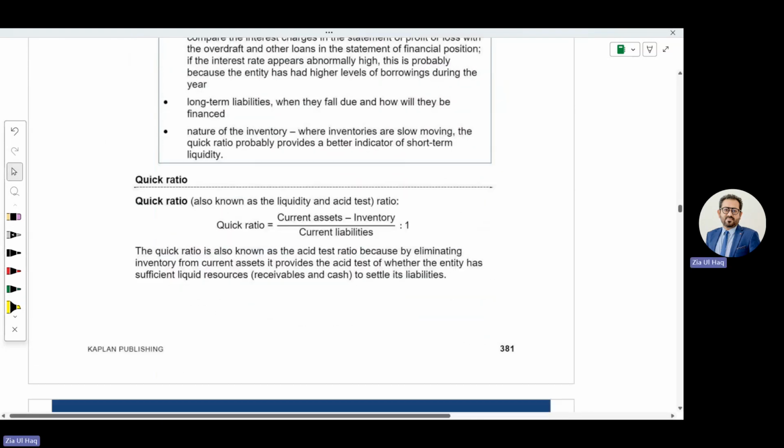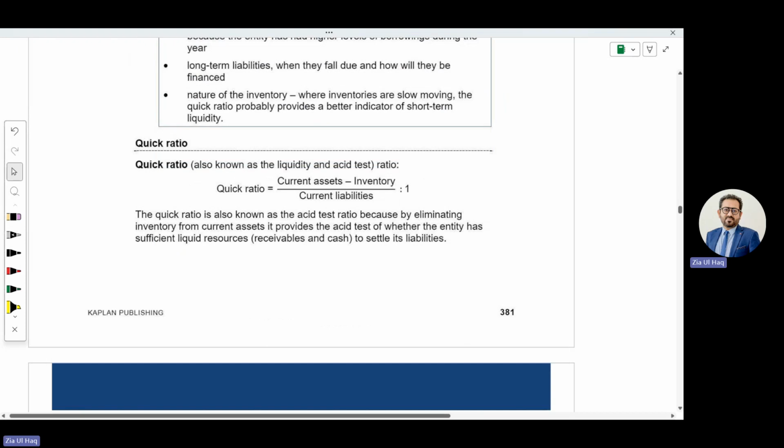What is the other liquidity ratio? Quick ratio, also called acid test ratio. How to calculate? Current assets minus inventory over current liabilities. Again, an answer above 1 is positive. We are deducting inventory because inventory is not a liquid asset. Liquid means that it can be converted into cash quickly.